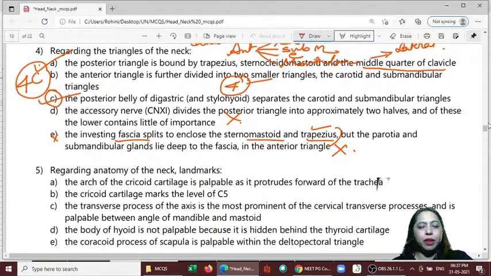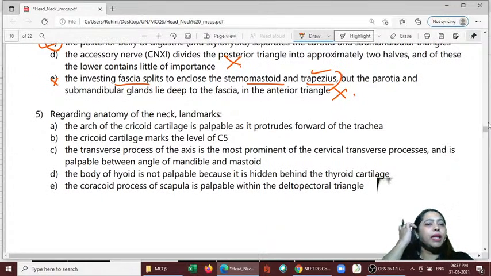Regarding the anatomy of the neck. So there are various landmarks. The arch of cricoid cartilage is palpable as it protrudes forward of the trachea. Fifth one we are talking about. Arch of cricoid cartilage is palpable.